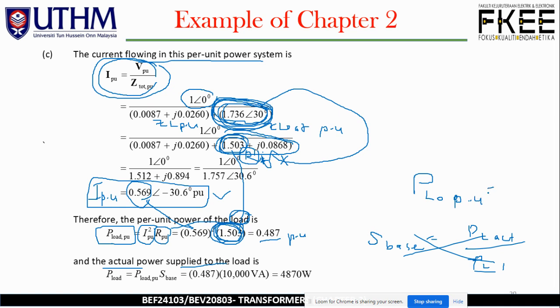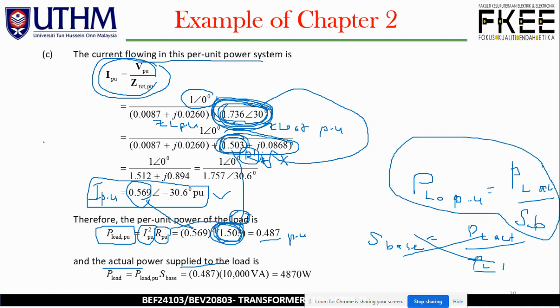This is equal to P load actual over S base. So this is the relationship of the P load PU. This is equal to P load actual over S base. Not SB, but BS. Oops. Yes, this is SB. Yes, correct.